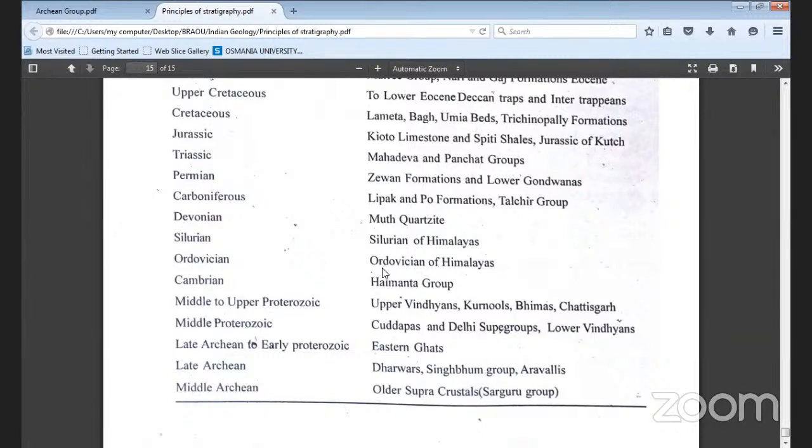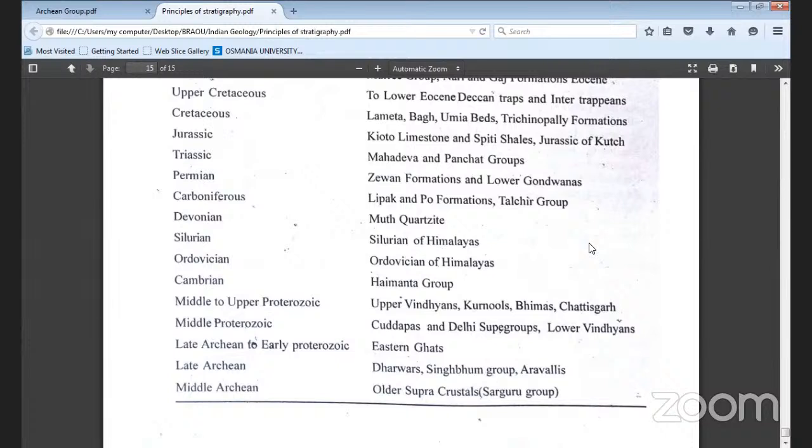In the Silurian period, it has the Silurian of the Himalayas, and the Ordovician of the Himalayas. The Cambrian period contains the Haimanta group. Middle to upper Proterozoic has the upper Vindhyans, Kurnool, Bhima, and Chhattisgarh.